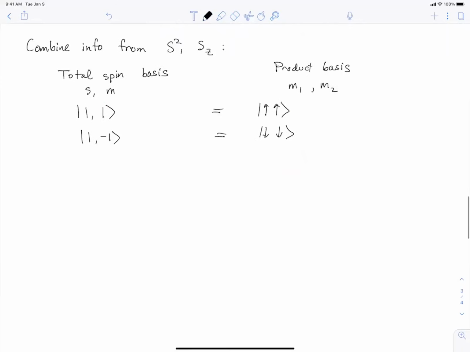Okay, and then we have in this column 1, 0, which is 1 over root 2 times the sum of these states. Okay, and so these form a triplet.